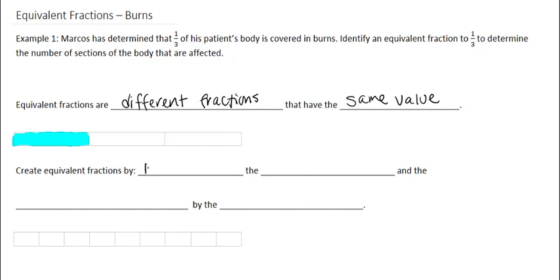Now, we create equivalent fractions by multiplying the numerator and the denominator by the same number.